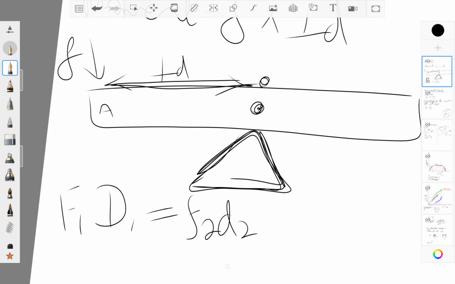And again, you can use this to calculate maybe the weight of an unknown load, or you can also use this in situations where there is one force on each side of the pivot, including on a balanced beam.